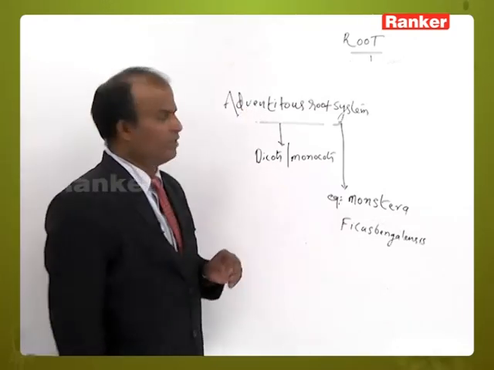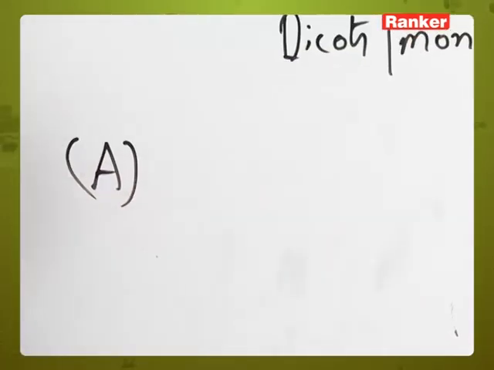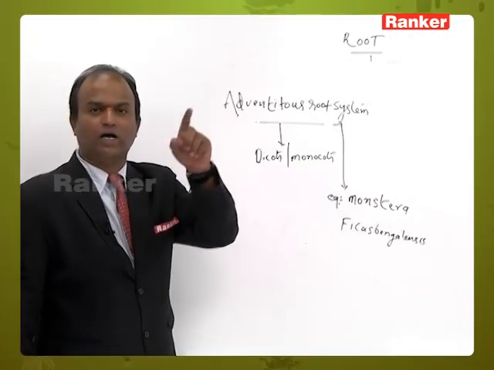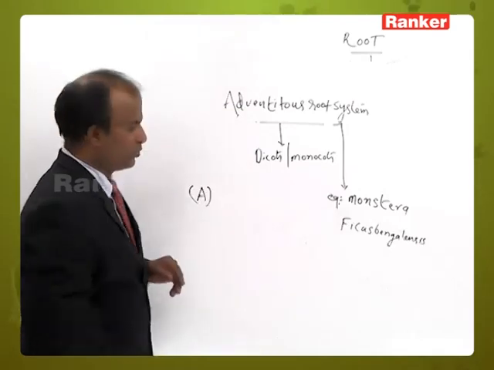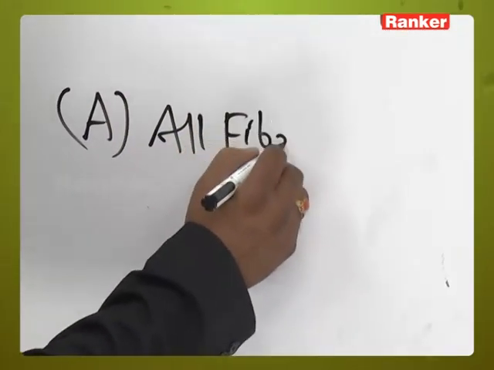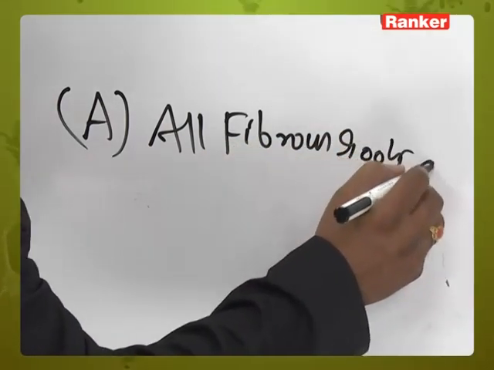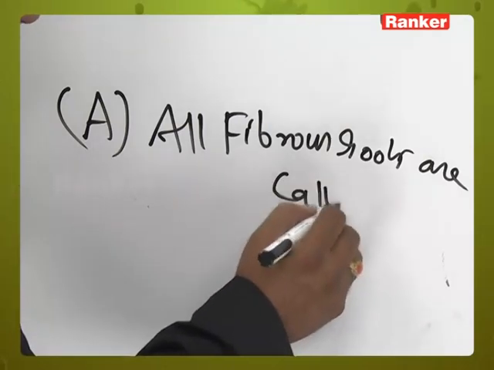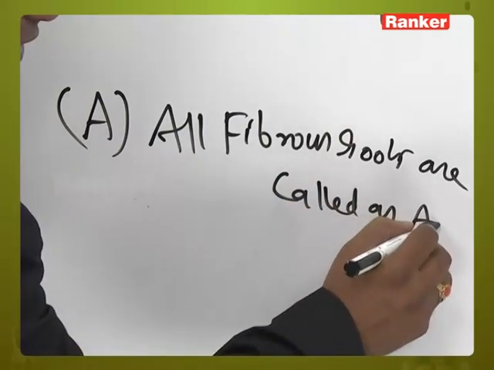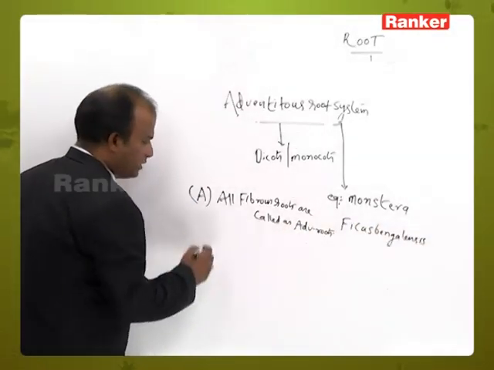One more thing here, in assertion and reason. Assertion: all fibrous roots are called adventitious roots. What is the reason?